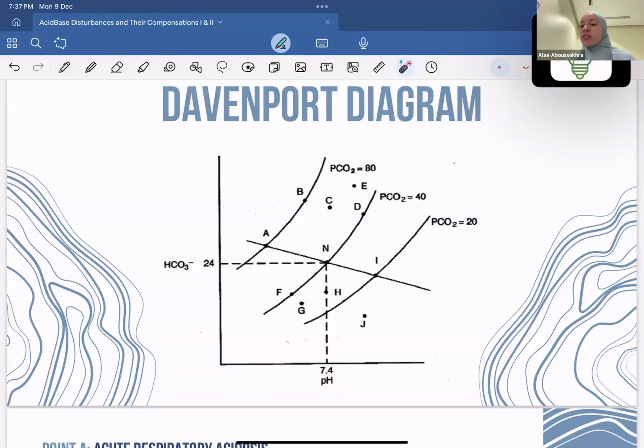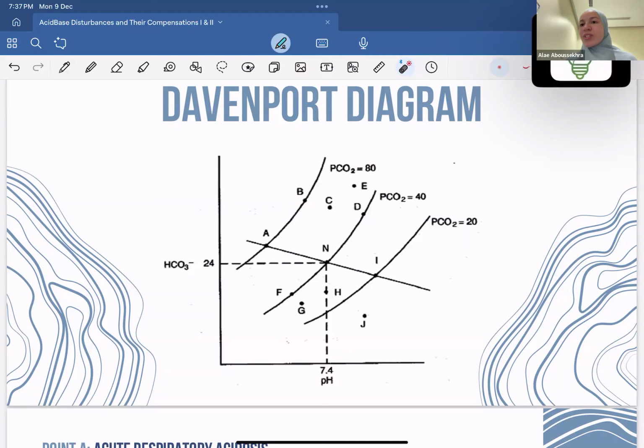So let's take point B, okay? When you're looking at points on the graph, you can use the same clinical evaluation test where you look at pH first and then you look at CO2 and bicarbonate. So if we look at point B, the pH is less than normal. So we can tell that there's an acidosis happening. But let's look at the components. Let's look at the partial pressure of CO2.